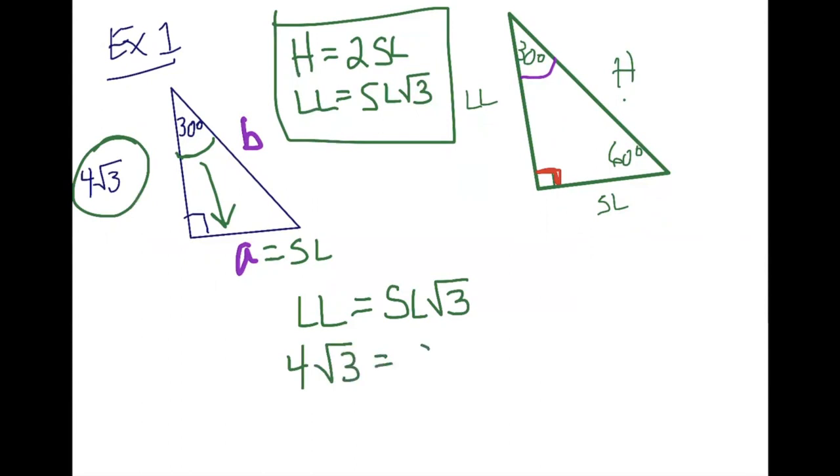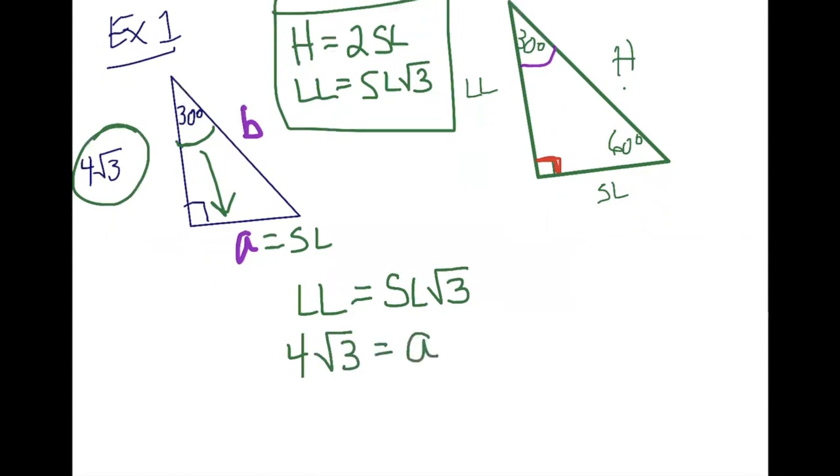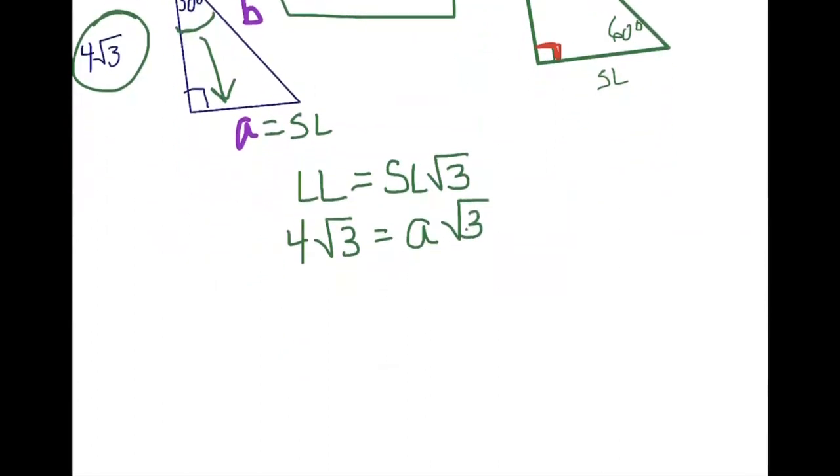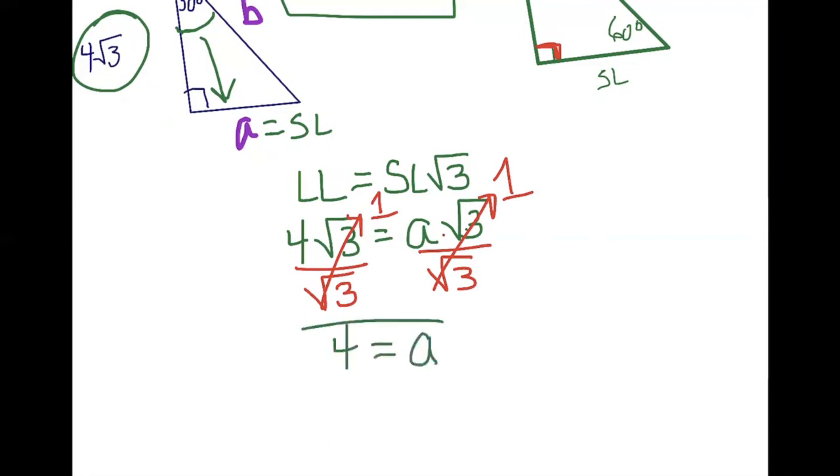My short leg is A. Actually, this is starting to look kind of easy, because I'm seeing it's coming. When I divide both sides by the square root of 3, I no longer have to worry about it because they both become 1. Okay, 1 with the universe. So I'm left with 4 on this side, A on that side. I'm done, my short leg. Cool.